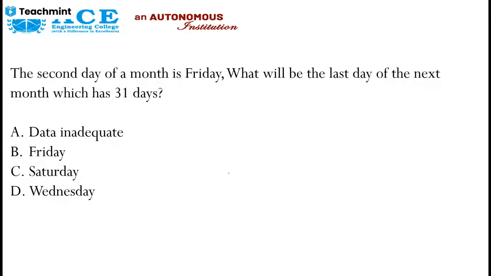You have one more update actually. I'm searching for that. This one, data inadequate. Good question. You read it once. The second day of a month is Friday. What will be the last day of the next month, which has 31 days? This month, the current month, how many days it has is a problem.